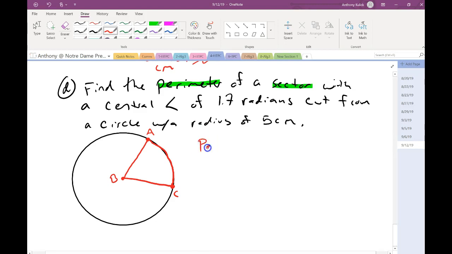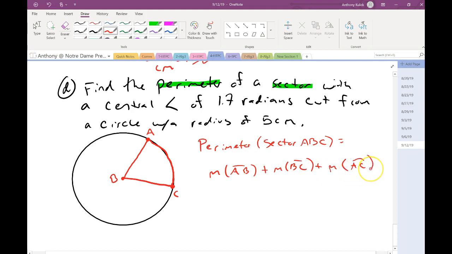So if I want the perimeter of the sector ABC, to do that, I'm going to just find the measure of AB plus the measure of BC plus the measure of arc AC. Everybody okay with that idea? So the measure of AB and BC is easy.